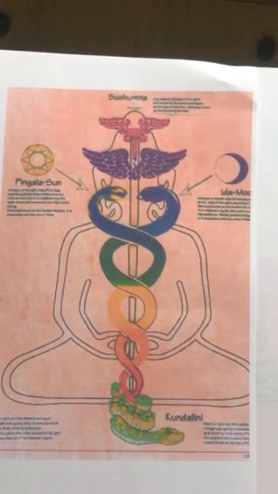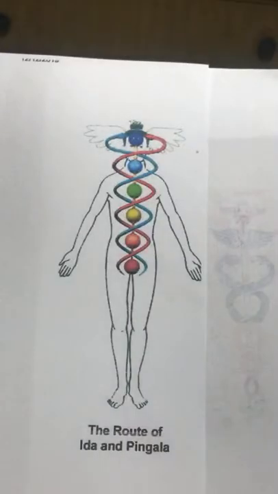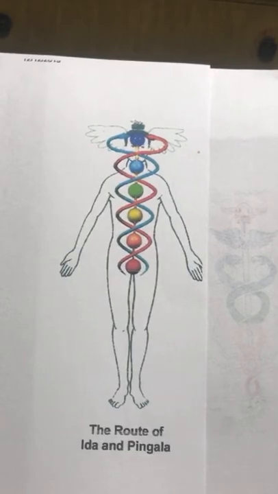Okay, so now what we're going to do is go to the second picture. Okay, this is Vegeta Swans, and it has a different intention in making the drawing of what he's saying is the route of the Ida and Pingala.